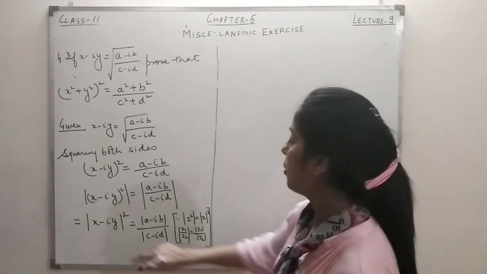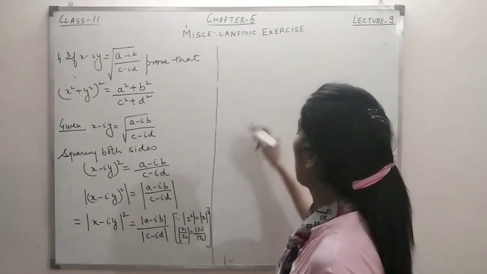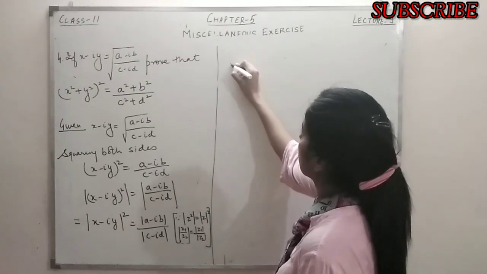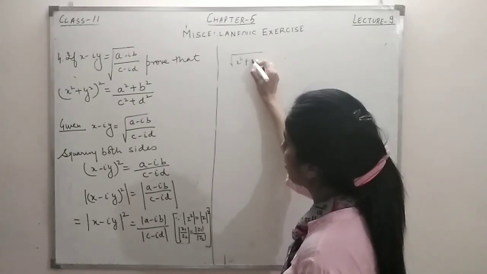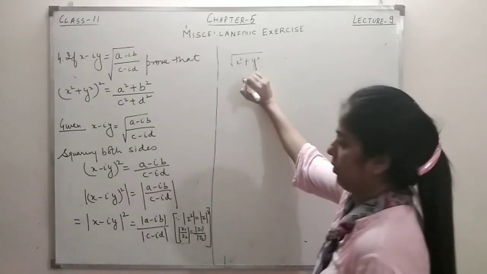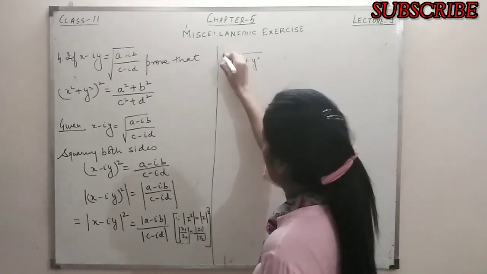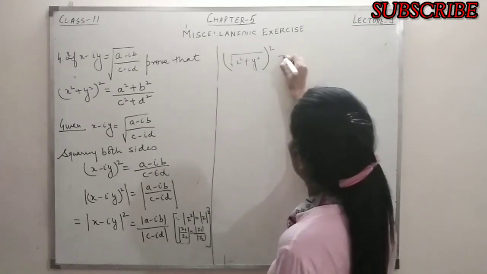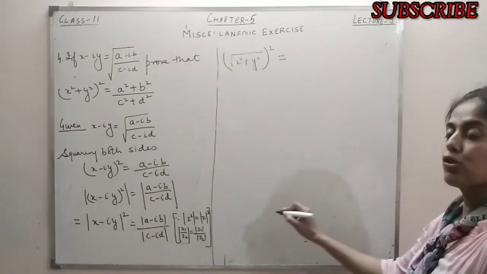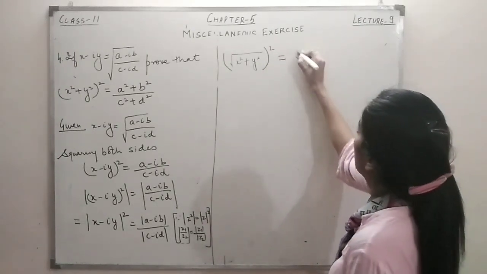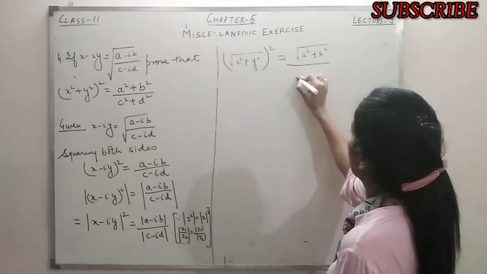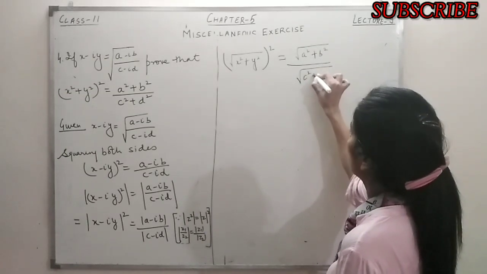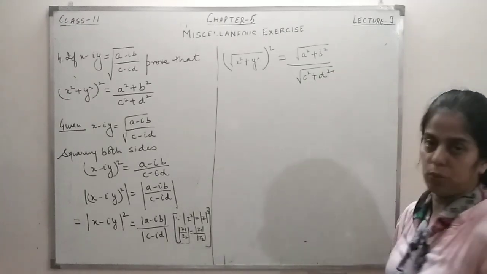In the left side, the modulus of x minus iota y is what? What is modulus? The square root of real part square plus imaginary part square. This is the modulus and this square is already there. And the right side, the modulus of a minus iota b, that is square root of a square plus b square, and in denominator, that is square root of c square plus d square.